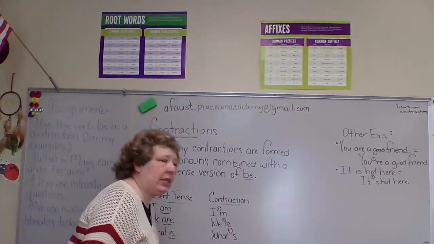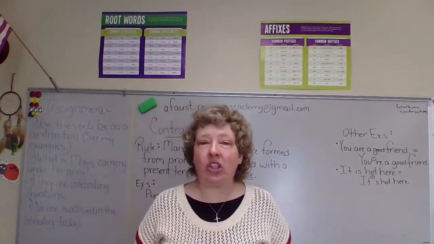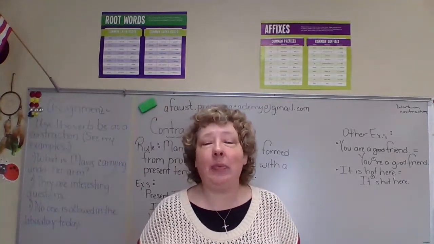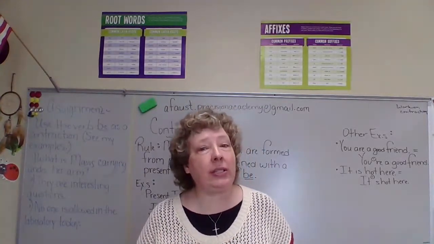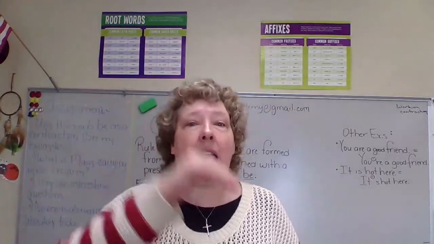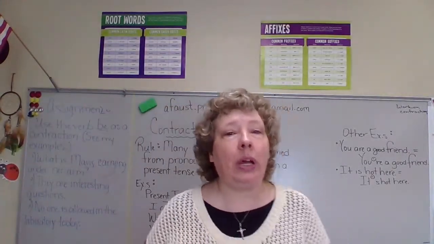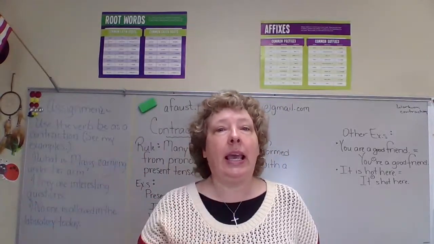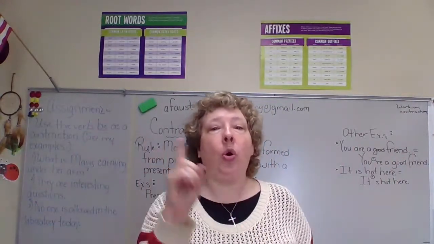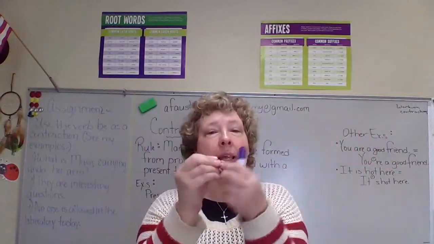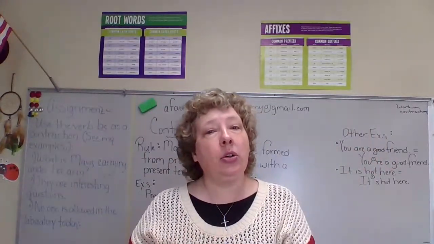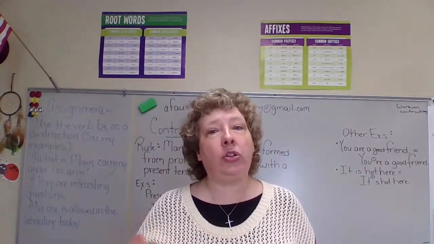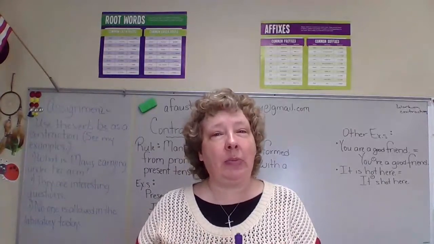We're going to deal with contractions. Yes, I've talked about contractions a number of times last semester. Remember, a contraction is all about taking two words and shrinking them into one. And when you shrink them, you tend to lose a letter or two at times. Does that make sense?